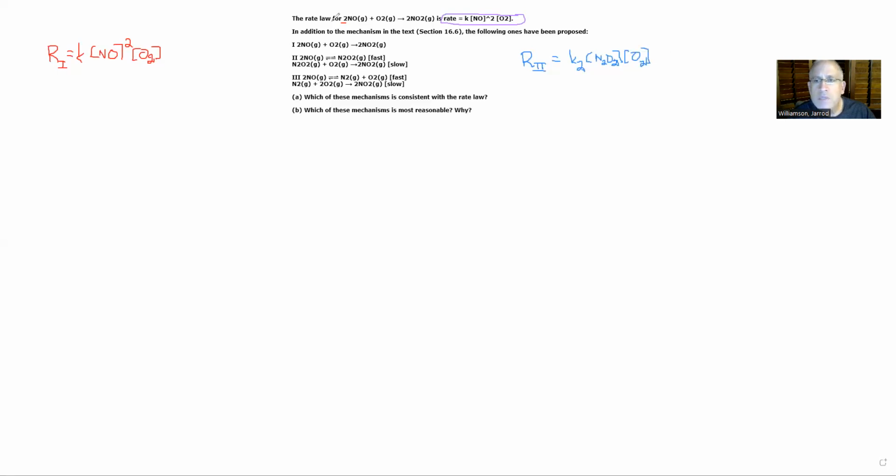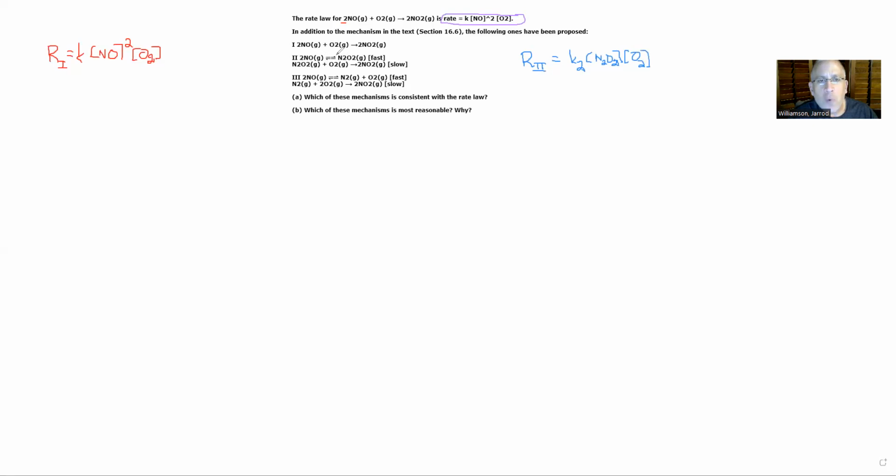Okay, that was a little bit messy. Notice here we have N2O2 as an intermediate. We want to get rid of the intermediate if we can. And we're able to because this fast step is in equilibrium.